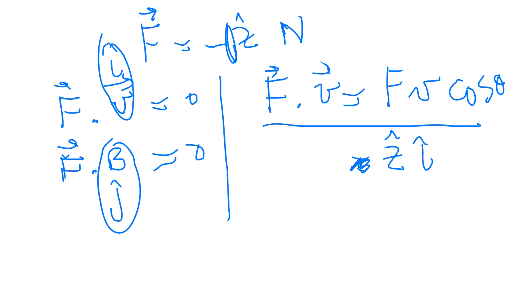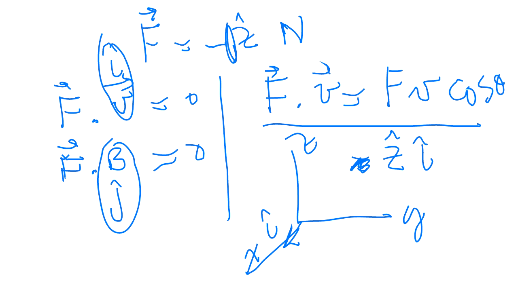This is my X, Y, and that's Z. So this is my I hat, this is my J hat, and this is my K hat. The angle between K hat, or Z hat, and I hat is 90, and cosine 90 is equal to 0.